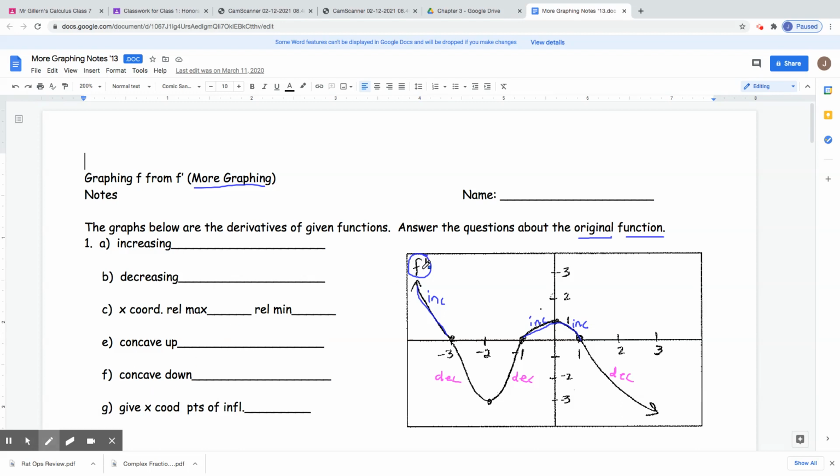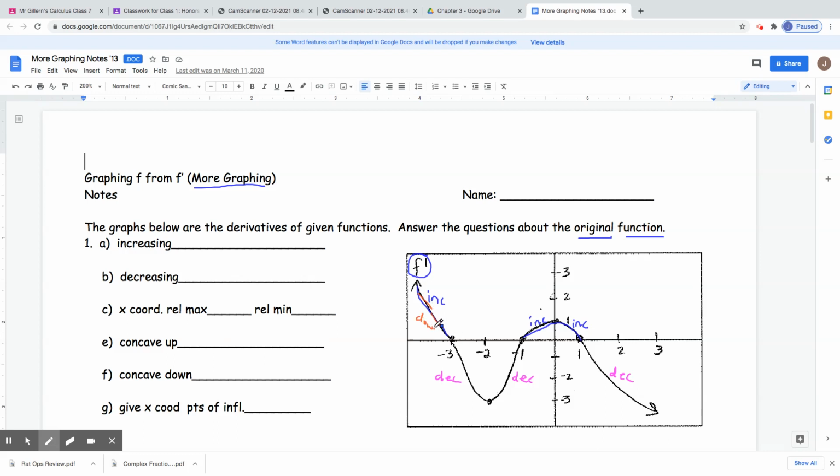Remember, the definition of derivative is the slope of the tangent line. So the slope of these tangent lines would give you where the second derivative is negative or positive. So real simple: you're going to trace the first derivative, and wherever the graph itself is going down or decreasing, that means concave down.